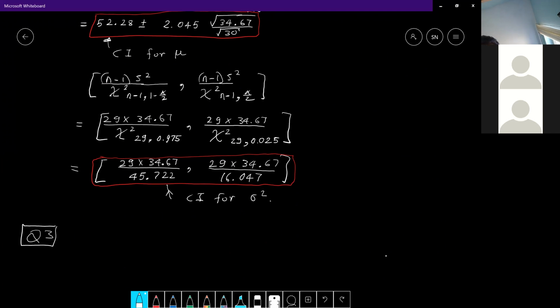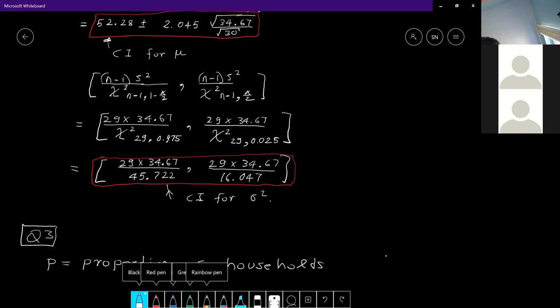Let P denote the proportion of households having 3 or more TV sets.